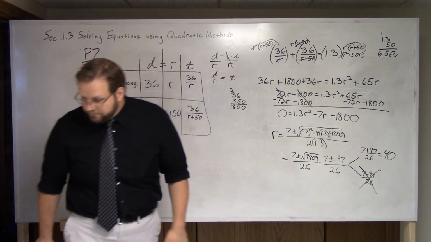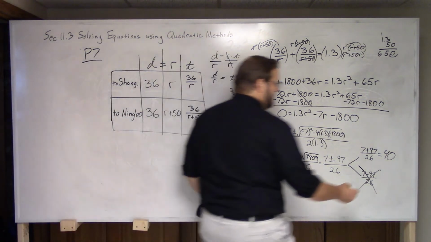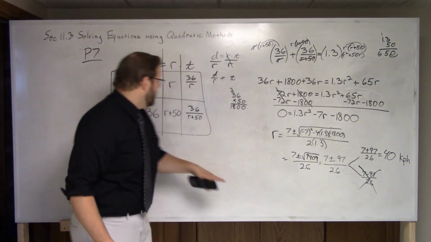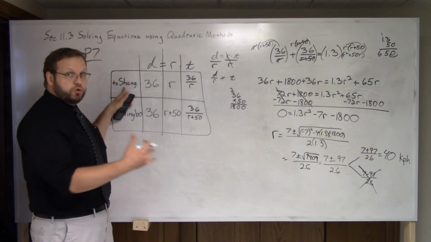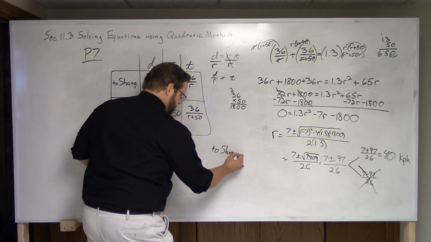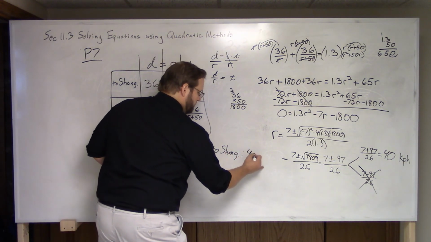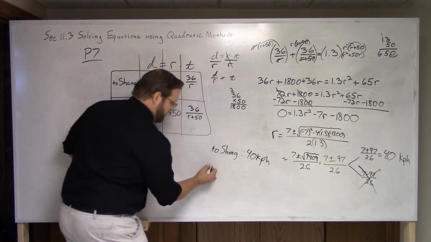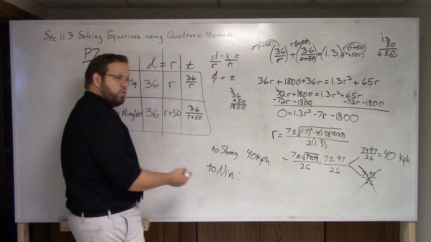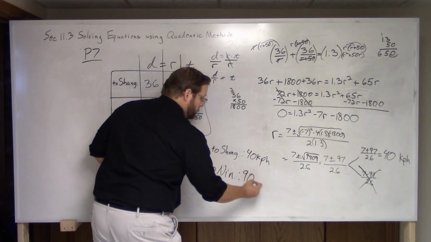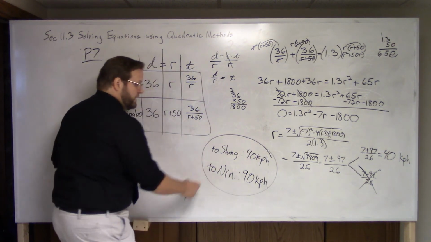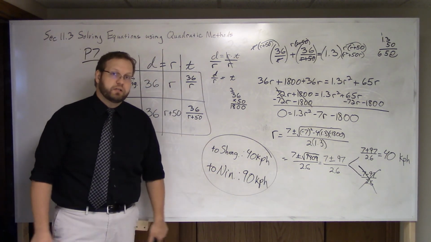Now remember, that 40 is a speed, so that is kilometers per hour, and that was r. r was in the morning to Shanghai, okay? And then when we return home to Ningbo, we're going 50 more than that, so 40 plus 50 is 90 kilometers per hour. Specify which is which, even if it's just a short abbreviation like that.